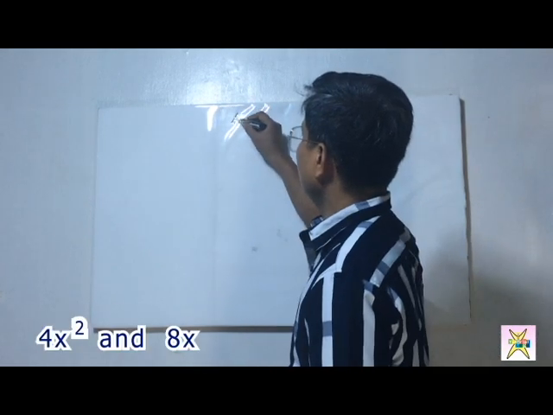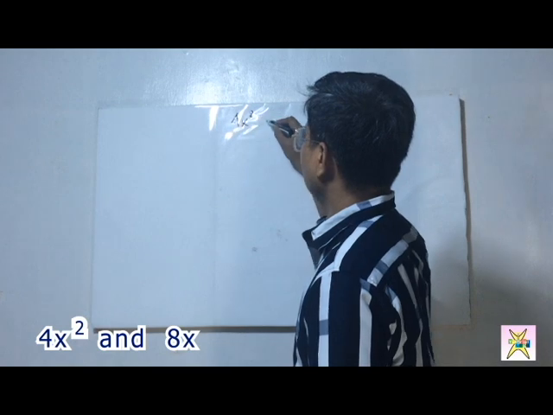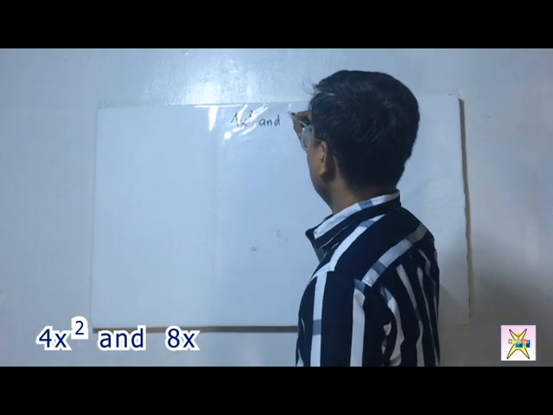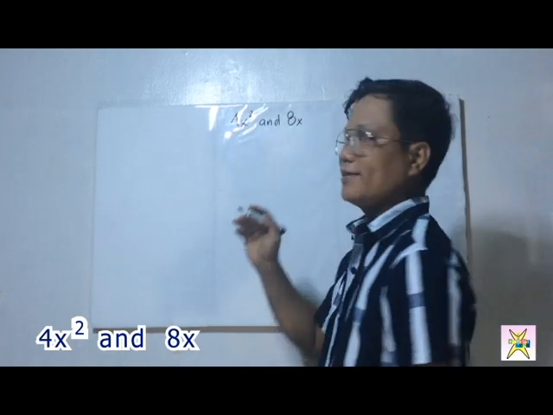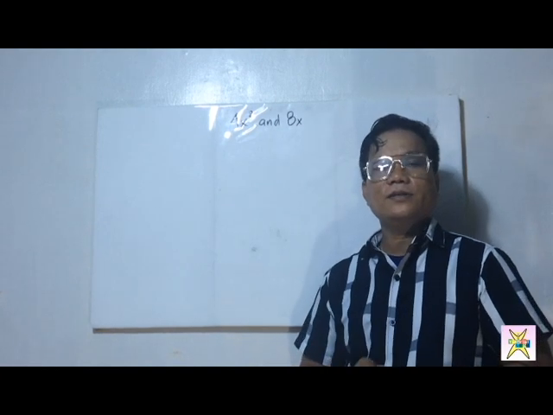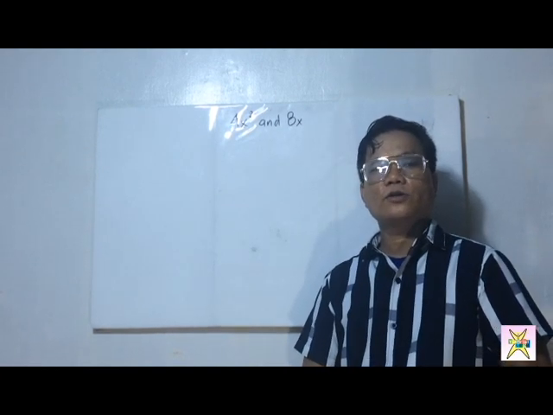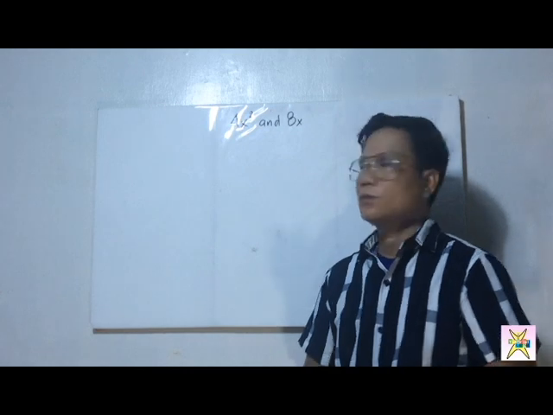Let's give another example. Suppose we have 4x squared and 8x. First, we need to get the prime factors of each expression.